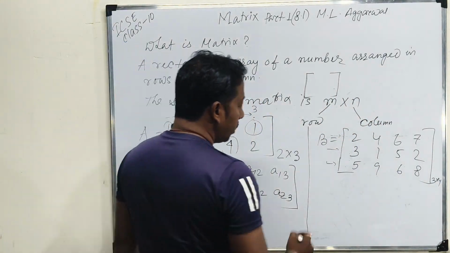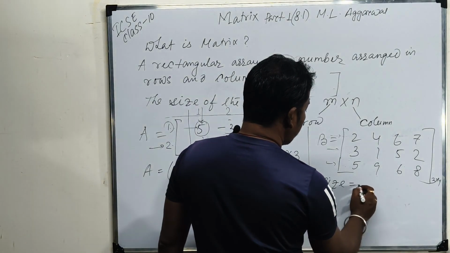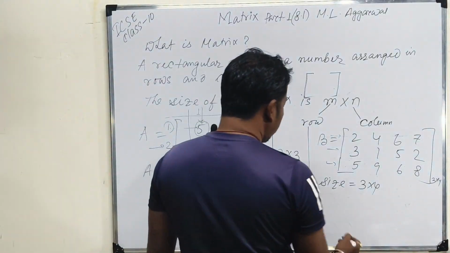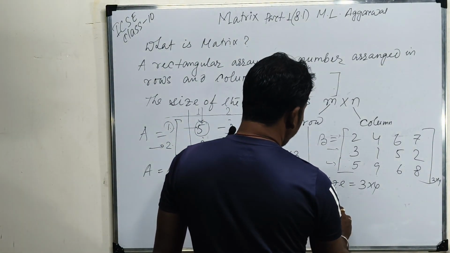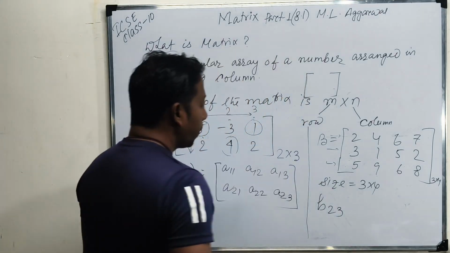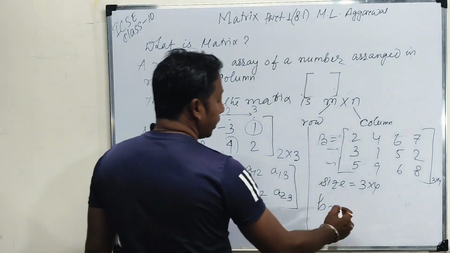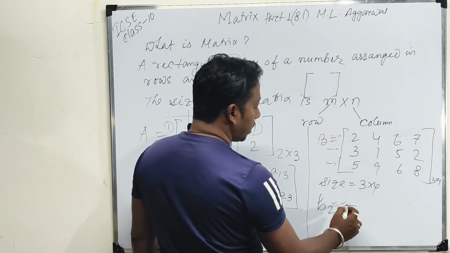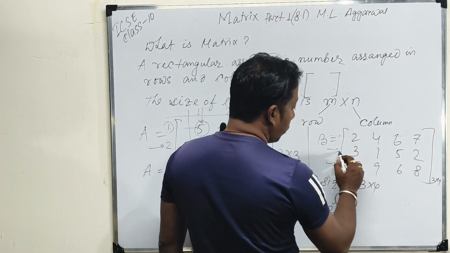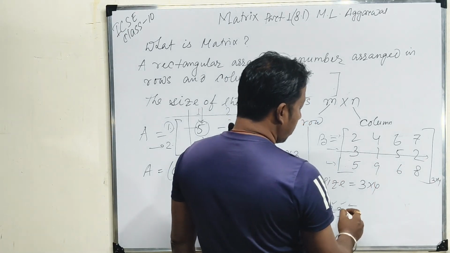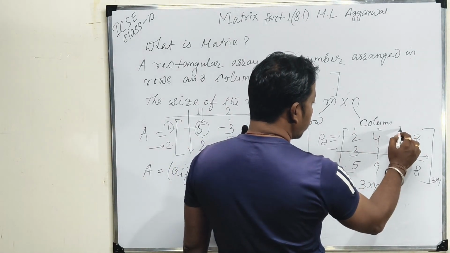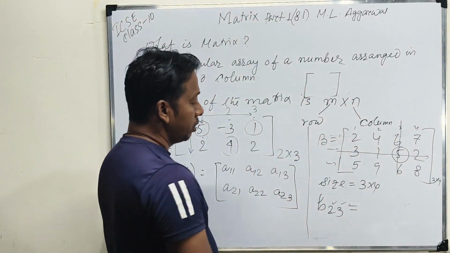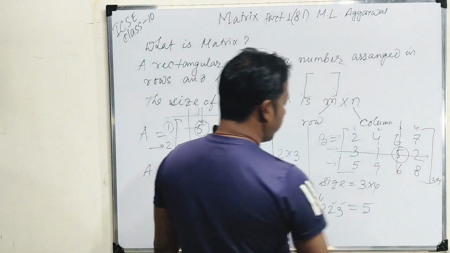So the size is 3 cross 4. Now, if you want to find the value of b23, this is the row number and that is the column number. Going to row number 2 and column number 3, at the intersecting point the value is 5.